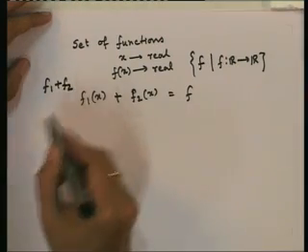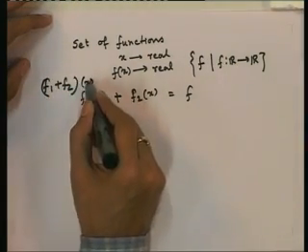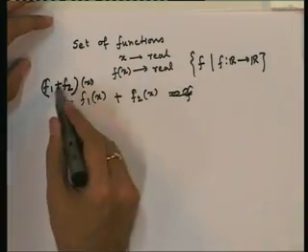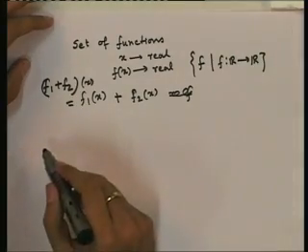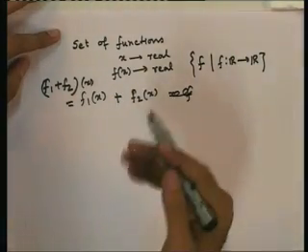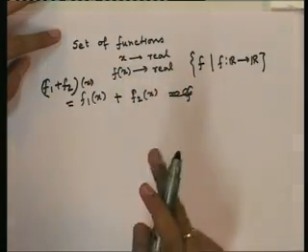This is a function. How do we define (f1 plus f2)(x)? It is f1(x) plus f2(x). That is the way this addition is defined. Addition of two functions is defined this way. So each value is added. The f1(x) value and f2(x) value are added to get the value of f1 plus f2 at x.